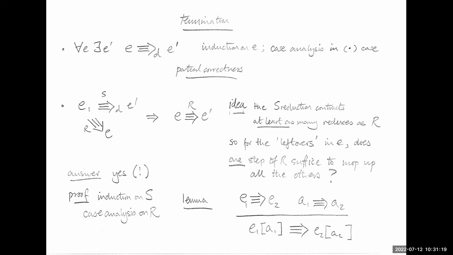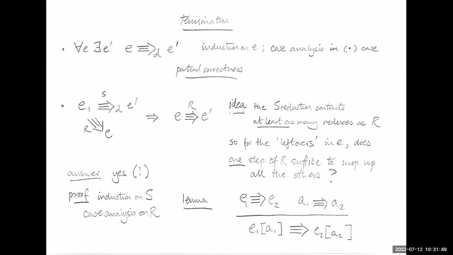But what's the idea going on? It's that S contracts at least as many redexes as R. So when R happens, there are going to be, as it were, some redexes left over in E, potentially. They might not even be redexes at the top level. They might have been redexes created along the way, so-called residuals of redexes.